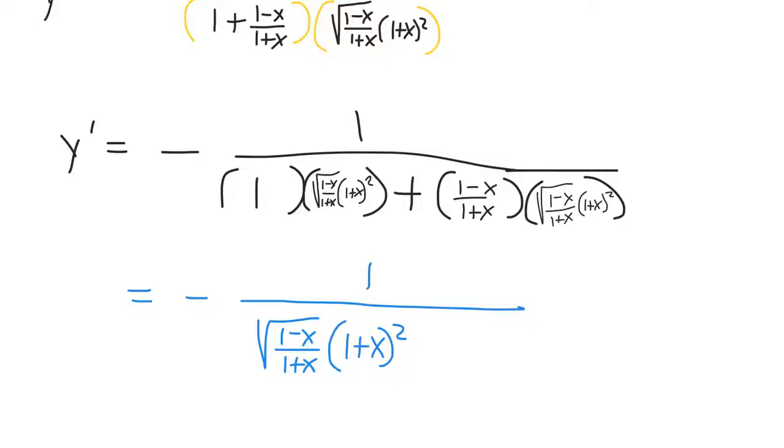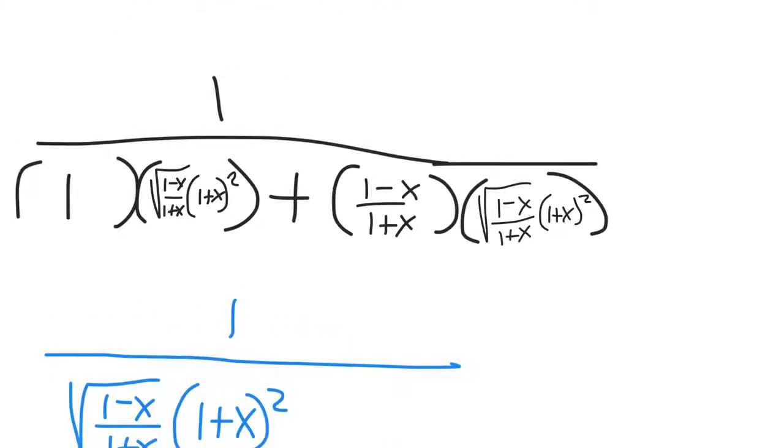But what I'm seeing over here is an opportunity to cancel out one of these 1 plus x's and this one. So a nice clean way of representing that cancellation is to cancel this whole thing out, because that thing is going to be gone, and to just cancel out the 2 and replace it with a 1.